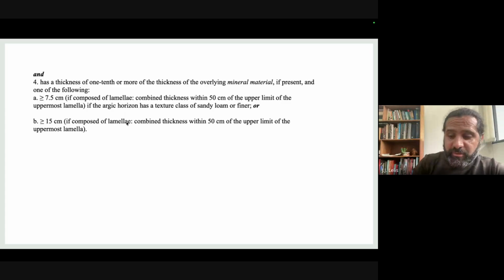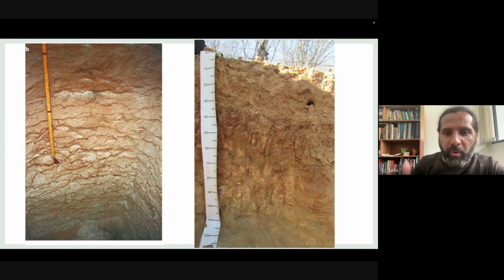You must just check again our slides or our videos, and you can understand even better these lamellae, okay? Oh, I already put a photo here, so you don't need to do that. The lamellae are those reddish horizontal layers.